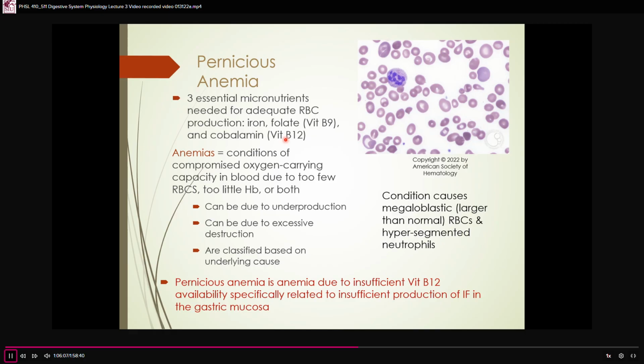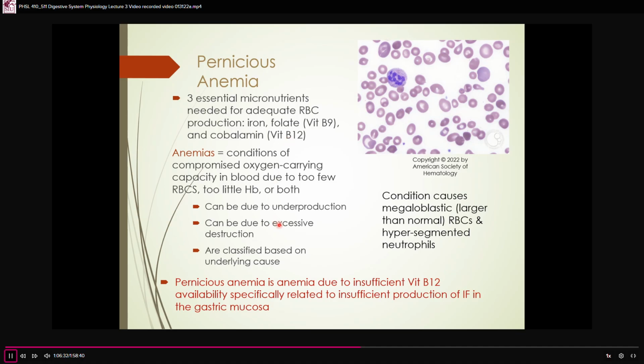And anemias can be caused by too little hemoglobin or too few red blood cells or any combination of the two. Anemias are actually named by the underlying cause of the problem, and the problems can either be related to underproduction, because maybe you don't have enough of these key critical micronutrients that you need for their production, or you can have overdestruction.